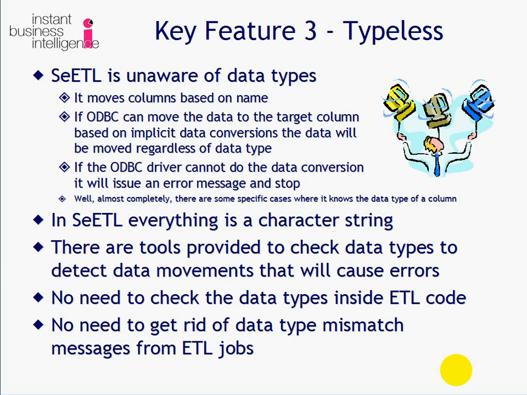Now we do have metadata movement checkers and things like that to find out, is anything untoward likely to happen when we move data from one place to another. So there are tools provided to check data types, etc. So there's no need to check data types inside the ETL code, and there's no need to get rid of the data type mismatch messages that come in so many ETL pieces of software.